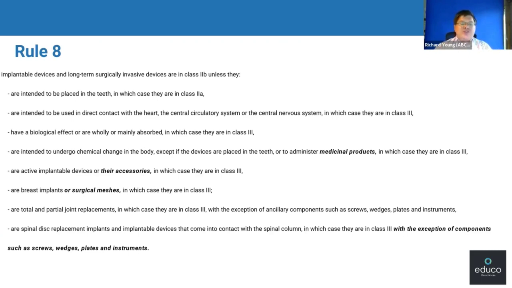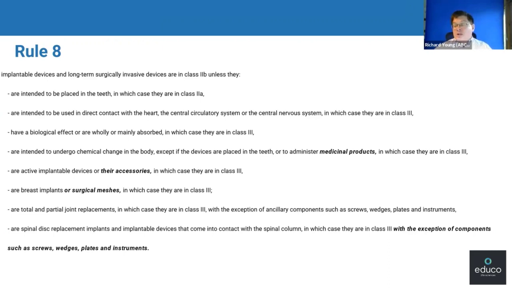Again, we've got exactly the same thing we saw in the previous rules. We've got the references to the central nervous system, materials with biological effect, and the administration of medicinal products that move everything up to class 3 in those areas.